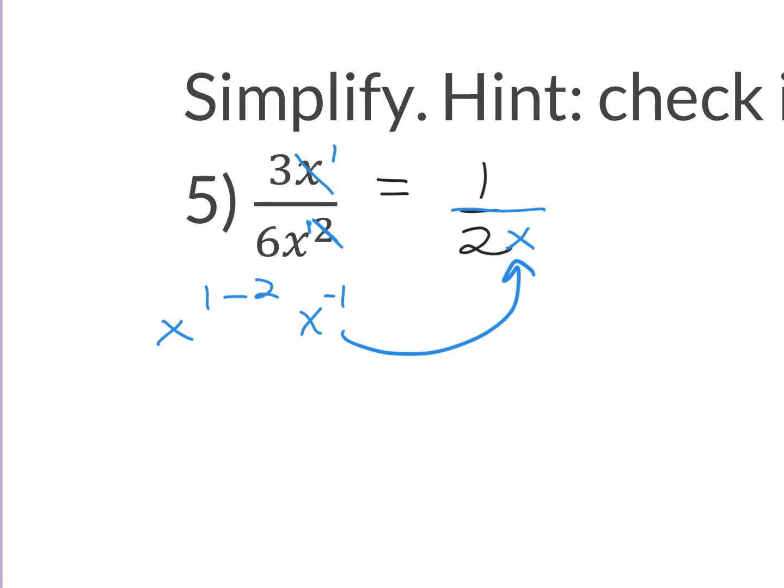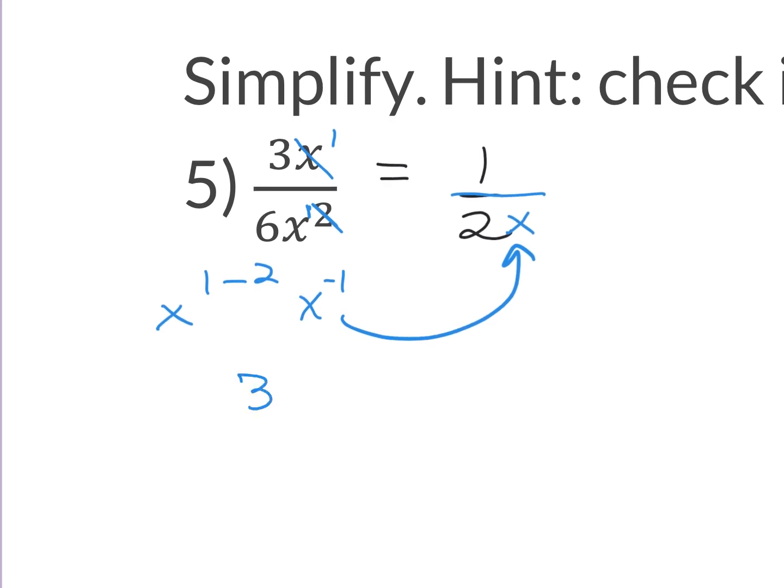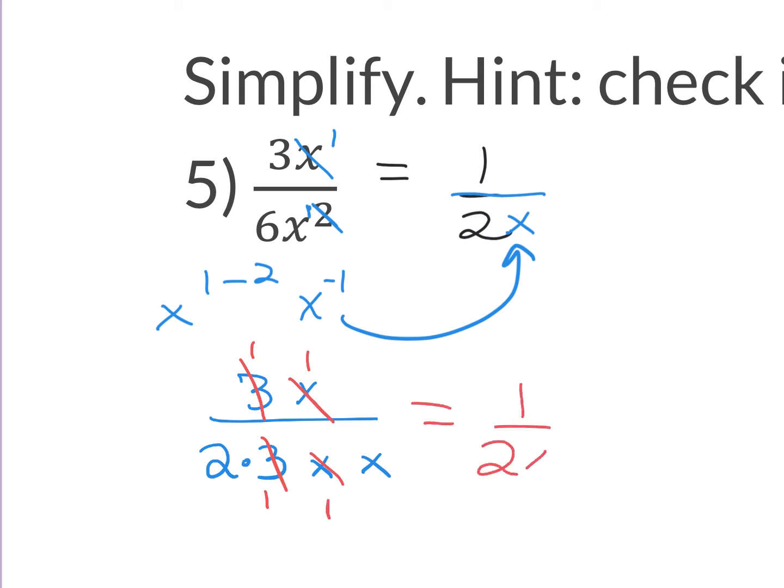You could have also factored it. You could have said, well, the top is just 3x. The denominator is going to become 2 times 3, which is 6, and then x and x. And then you could look for things to simplify. Those become 1s, and then you're just left with 1/2x. So different ways to go about doing it.